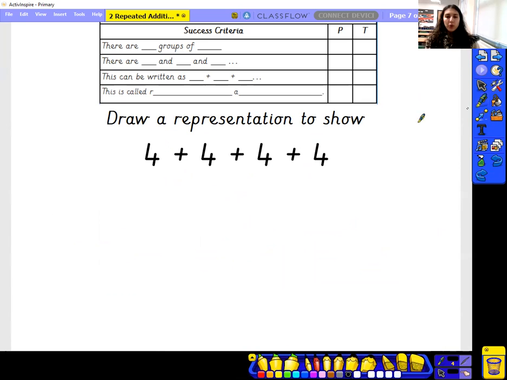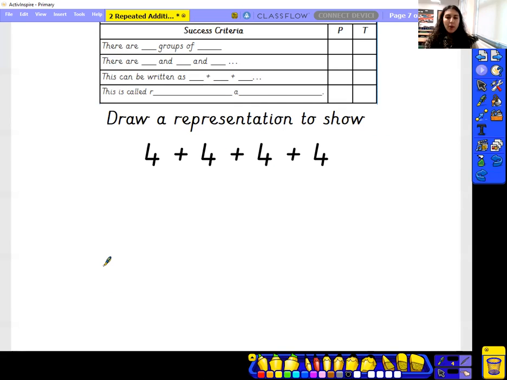Now I've got a new repeated addition here. I've got 4 plus 4 plus 4 plus 4. If I were to work backwards on my success criteria, I could say I've got 4 and 4 and 4 and 4. Now the 4 is telling me how many objects are inside my group. But how do I know how many groups to draw?